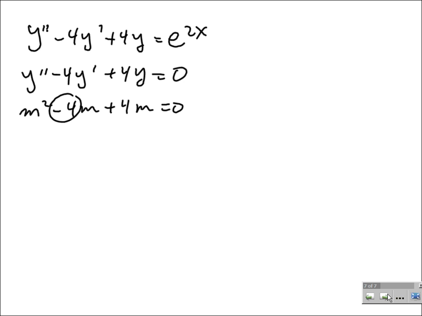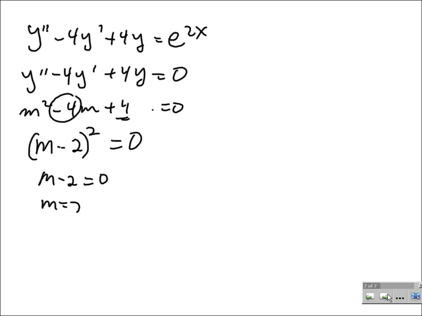And I know half of that squared, there should be plus 4. Half of that squared is 4. So this is a perfect square. It's n minus 2 all squared. Now, if you're squaring something and you're getting 0, that something must itself be 0. The n is 2.